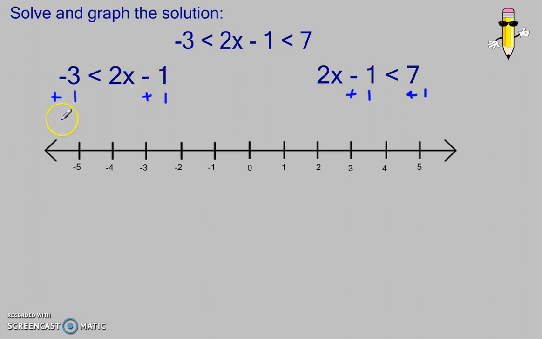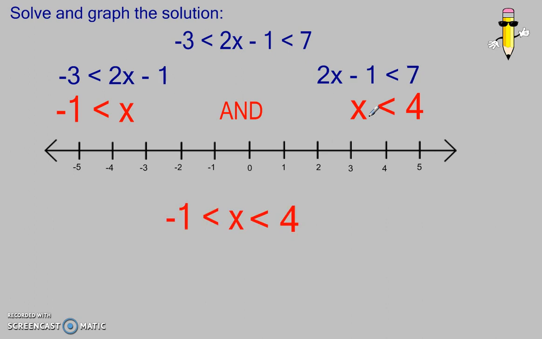And then we get -2 is less than or equal to 2x. And over here we get 2x is less than 8. Divide by 2 on each side. We get -1 is less than x, and x is less than 4. Here's our compound inequality. -1, we'll circle -1.